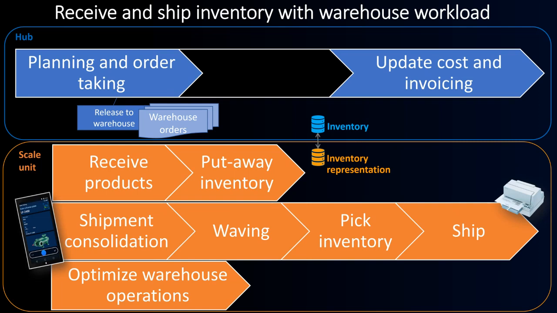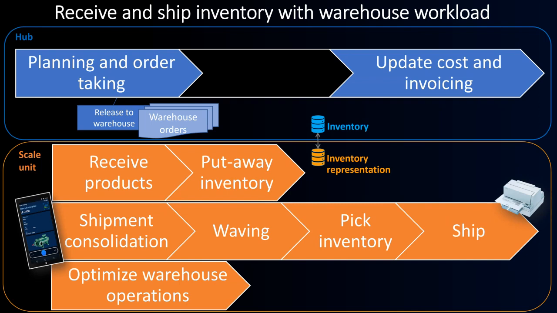These orders would then be released to the warehouse, which creates a new document type within Dynamics 365 supply chain management called warehouse orders. And these are what get synchronized over to the scale units for transactions to be performed against, and then synchronized back up to the hub when completed.